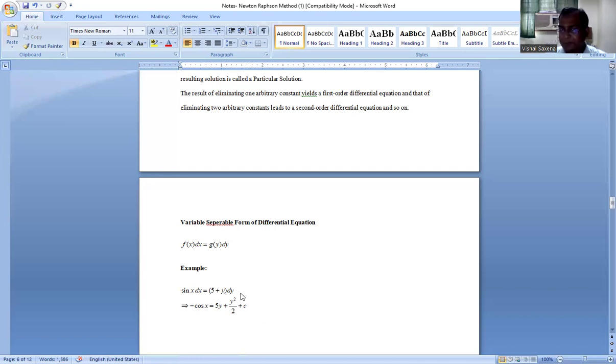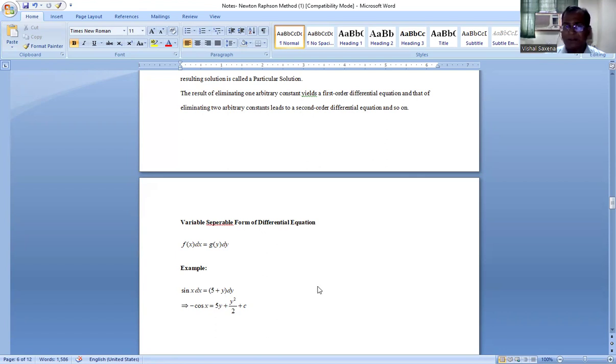When we integrate sin x, we get minus cos x, and when we integrate 5 plus y, it will be 5y plus y squared by 2 plus c. So ultimately, a variable separable form can be integrated directly to give its general solution. And if this arbitrary constant c is substituted by a particular value, then it is called a particular solution. So that is the method to solve a differential equation by the variable separable form.